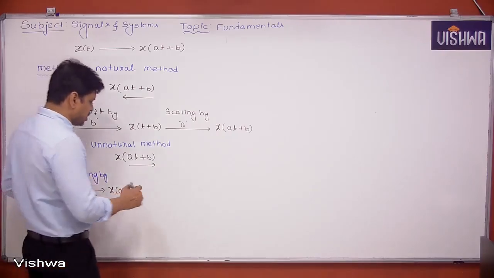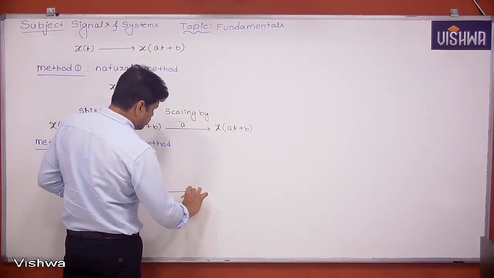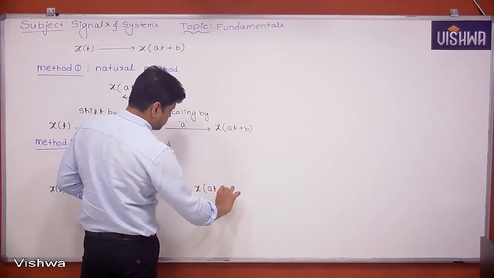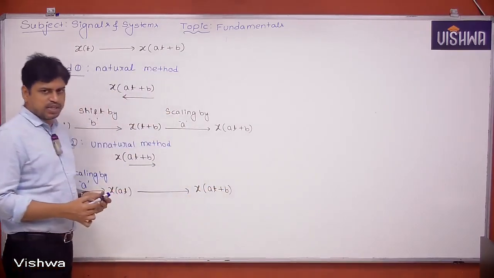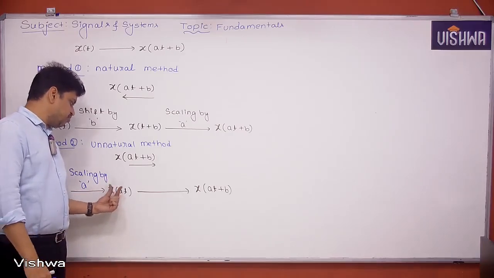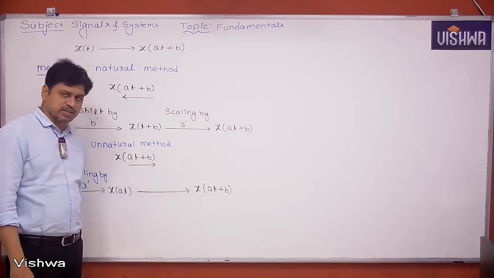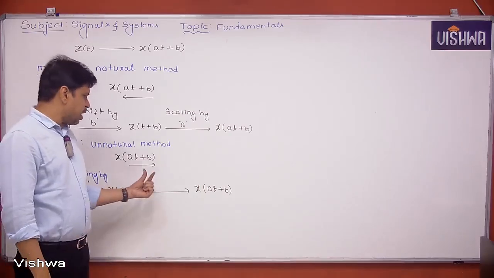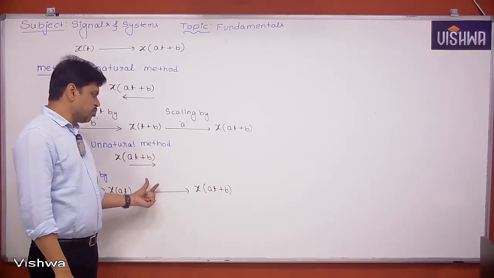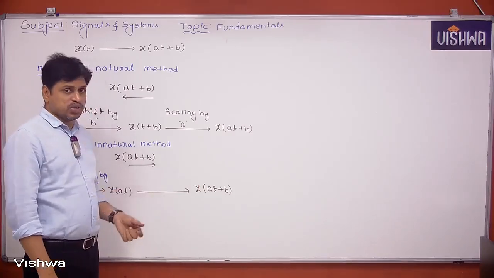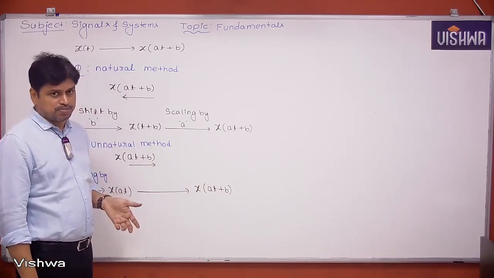Next, from this, I have to get x of at plus b. We already know x of at. From this waveform, I have to get x of at plus b. Many people will say t has to be replaced with t plus b, that means advance by b units, which is absolutely wrong. Why?